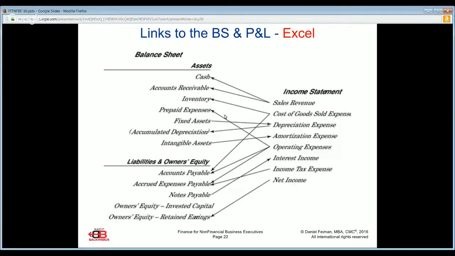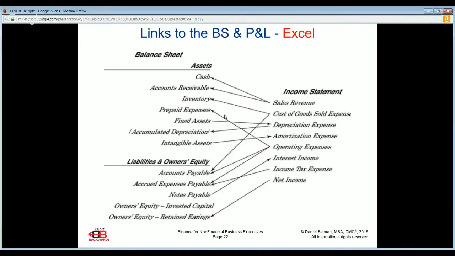So each of the three financial statements is linked to the other two. And once we understand how to link them, how to follow the links, we're in a very good position to understand whether the financial statements are accurate or not, number one. Number two, it makes it much easier to understand the financials when we see the links between them.